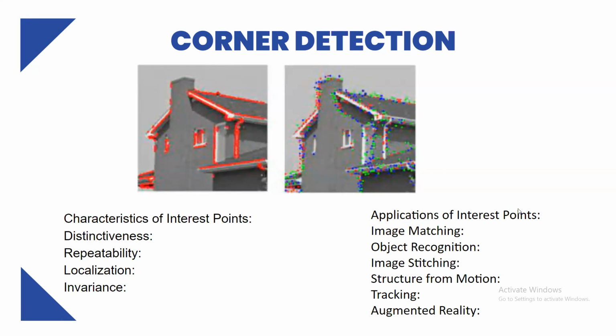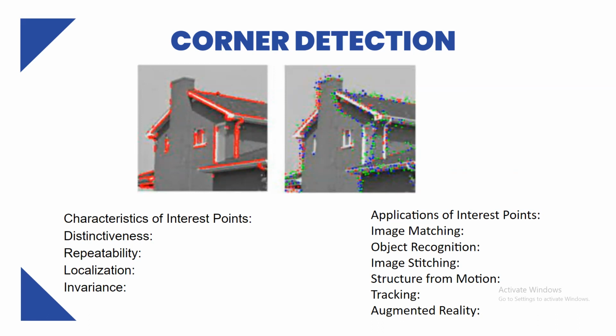Then applications of these interest points: there is image matching. You've seen Google Photos, whereby you just click on someone's face and then they bring for you all your images of them. That is image matching. Object recognition, recognizing that this is a cat, this is a panda, this is a dog.